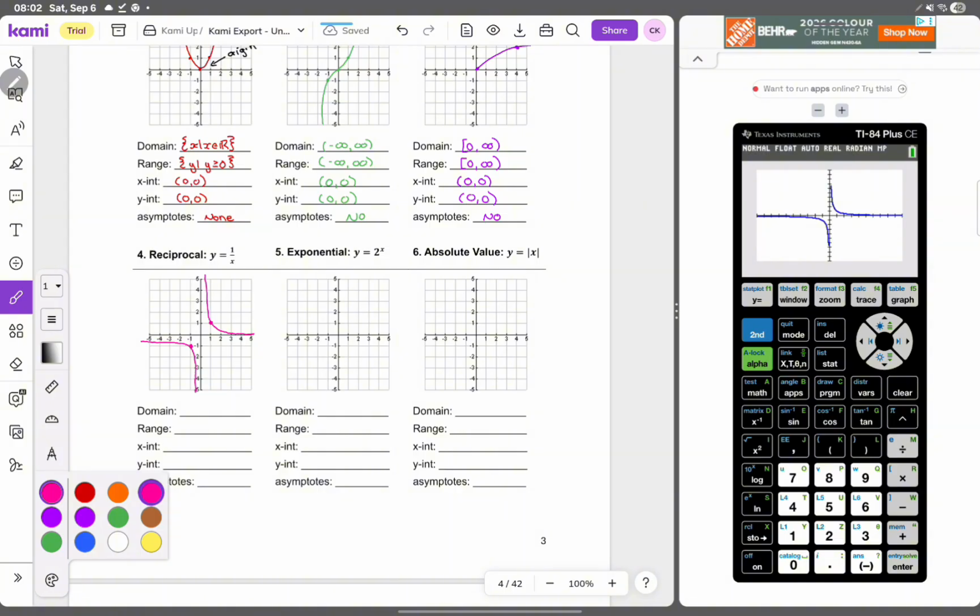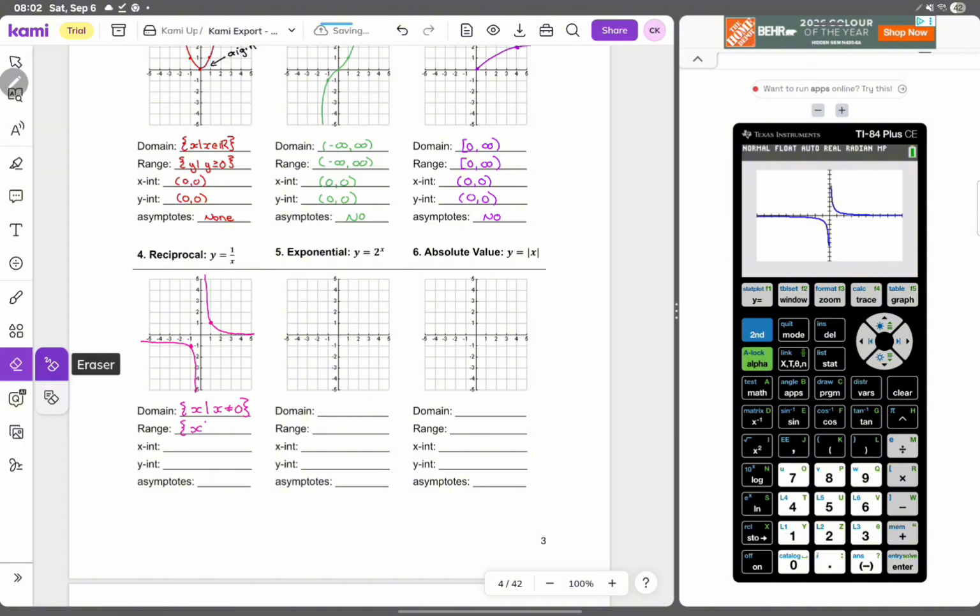Okay, so our domain in this one is x is allowed to be anything but 0, because we are not allowed to divide by a 0. Y is allowed to be anything but 0.